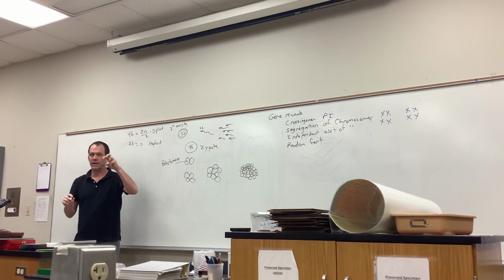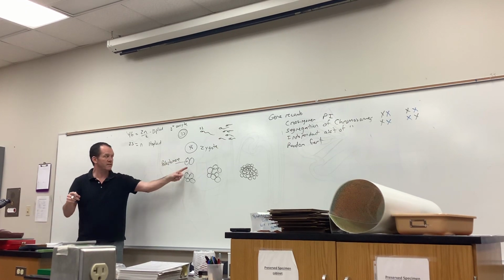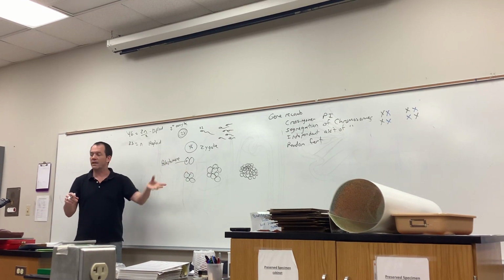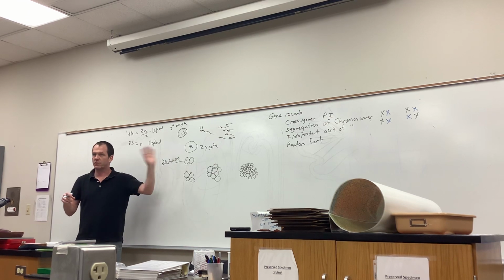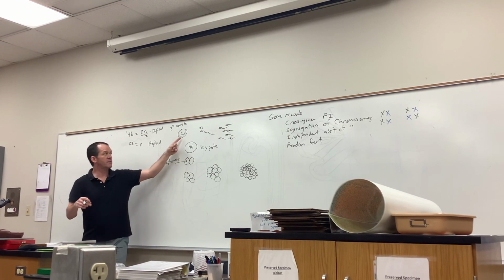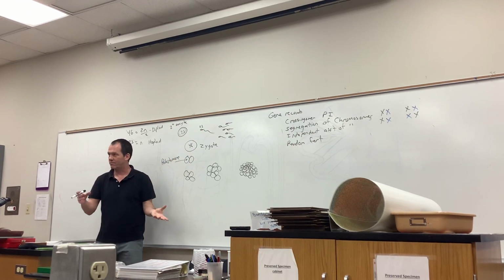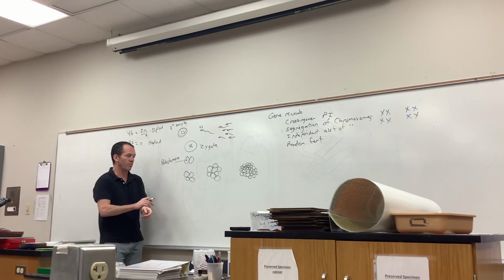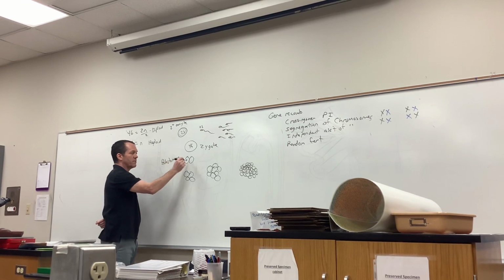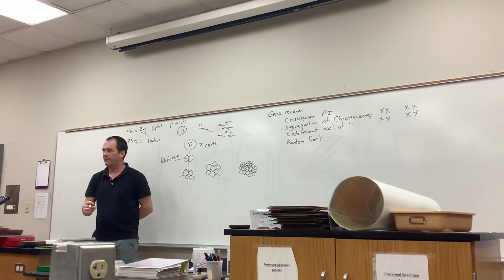Blastomeres are the products of what kind of division? It's called cleavage, but is it mitosis or meiosis? Mitosis, right? Meiosis makes these guys. Mitosis then makes more of these diploid cells. So these early mitotic divisions are called cleavage.